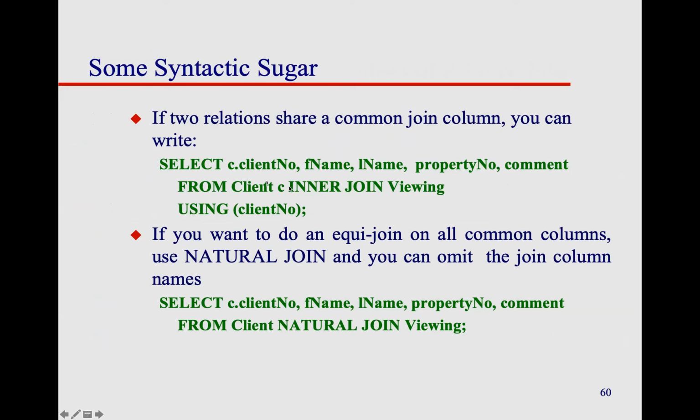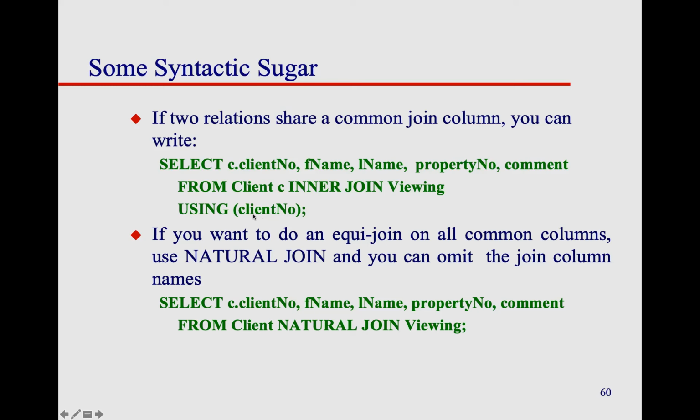So you see from client C, inner join viewing. Instead of saying from client C, comma viewing, we're now putting this operator inner join between them. And an inner join is one that is an equality join between keys. And if the column has the same name in both relations, meaning the foreign key in the one relation is the same name as the primary key in the other, then you can use this using clause.